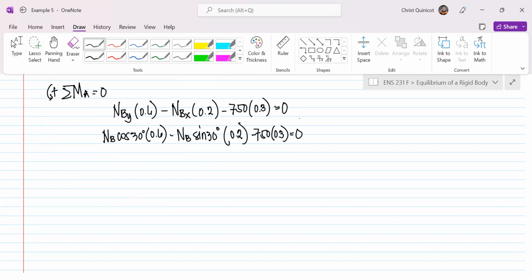Now, there is a common factor in our equation, and that is N sub B.